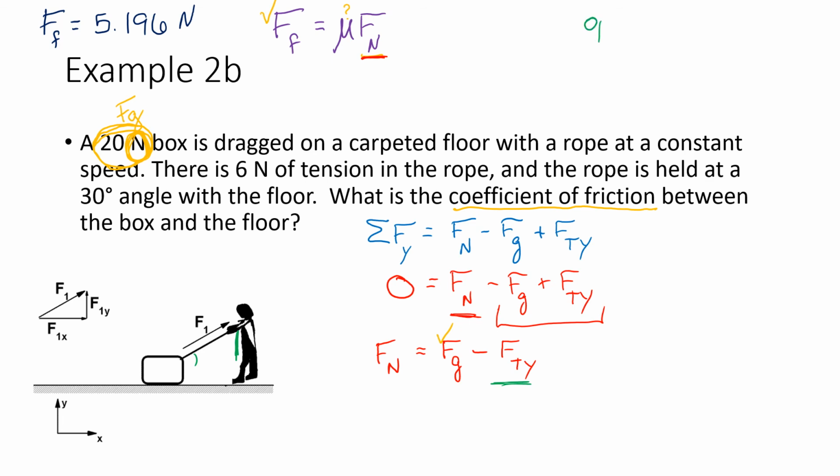So our opposite side equals the hypotenuse times sine of the angle. So in this case, the hypotenuse was how much? 6. Sine of 30, which is 3.